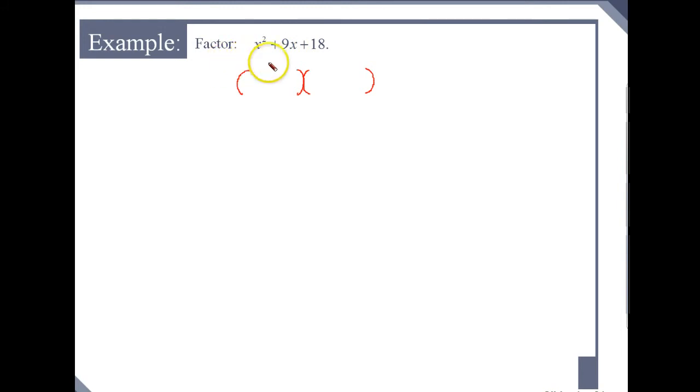But anyway, we're going to, in a sense, undo the FOIL. And you recall when we did the FOIL, we multiplied this term by this term to get this. So that's easy to undo. That's just going to be an x and an x.